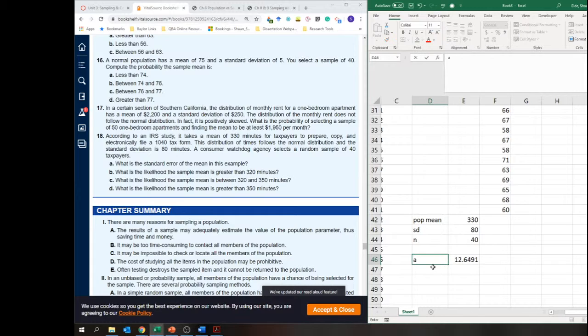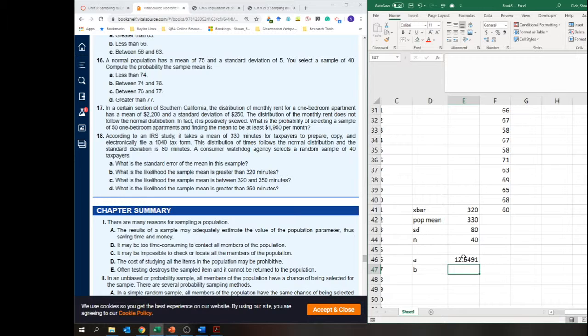We'll do A. And then let's do B. What is the likelihood that the sample mean is greater than 320 minutes? Same thing as what we did before, right? X bar is going to be 320. What's the probability that it's going to be greater than 320?